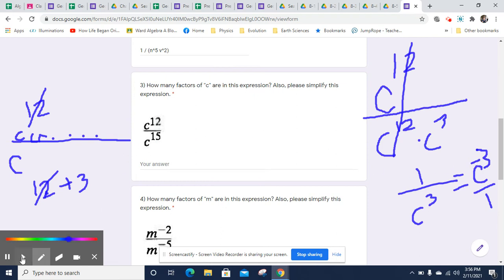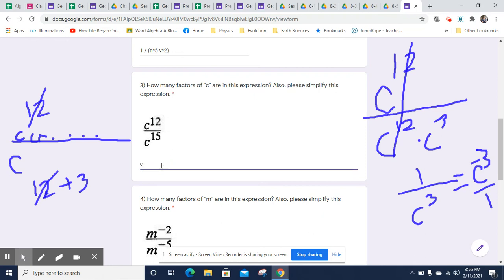Now, the quotient law would simply say that this is c to the 12 minus 15 power, which is of course c to the negative 3 power, or 1 over c to the third power. Both of those are fine answers. So the answer ends up being c to the 12 minus 15 power.